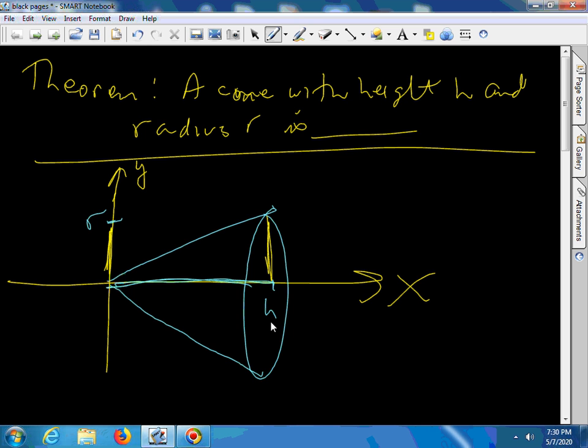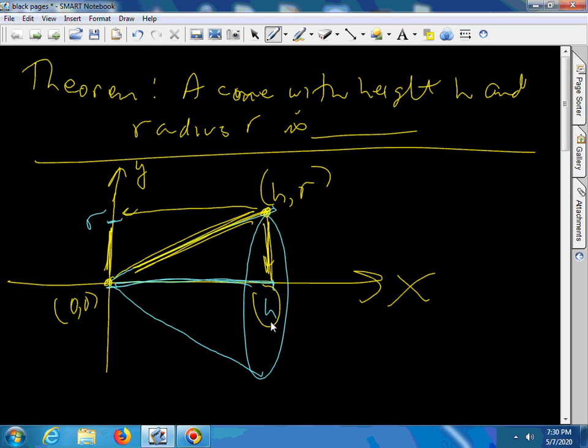So clearly, this point would be h, r. And this point is 0, 0. So the equation of the line that I rotate will be y is equal to r over h times x.